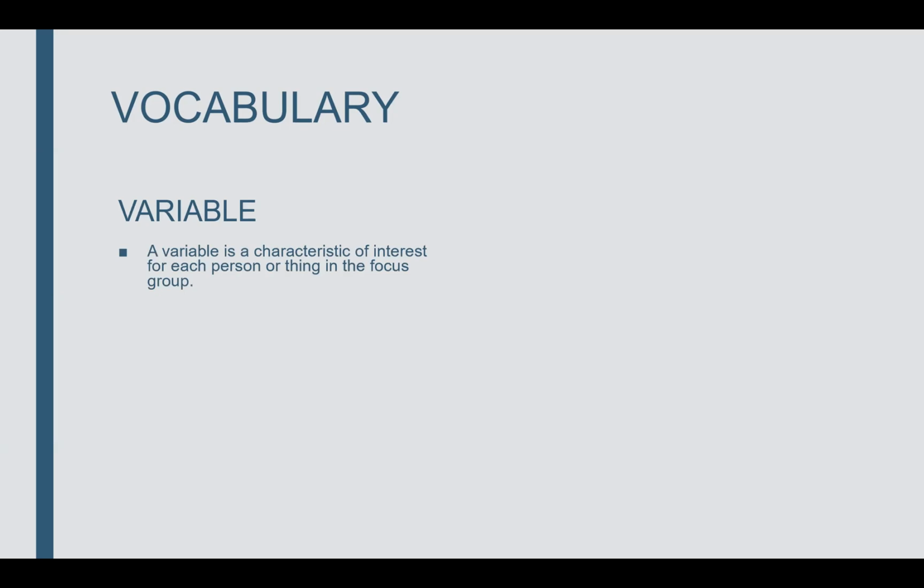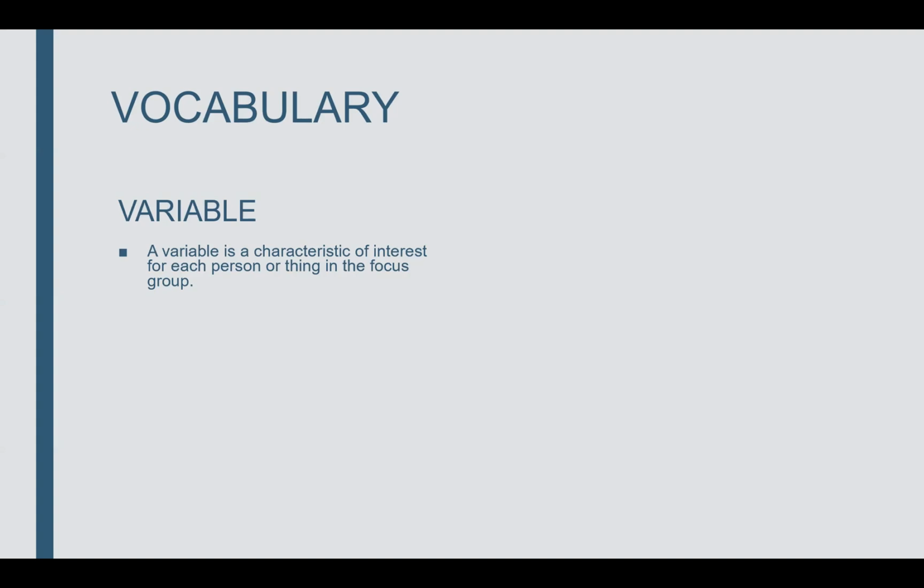A variable is a characteristic of interest for each person or thing in the focus group. Okay, so it's kind of like the unknown. Just like when you have an equation like x plus 2 equals 5, the x is your unknown value, or is your variable, and your goal is to figure out what that variable is equal to.